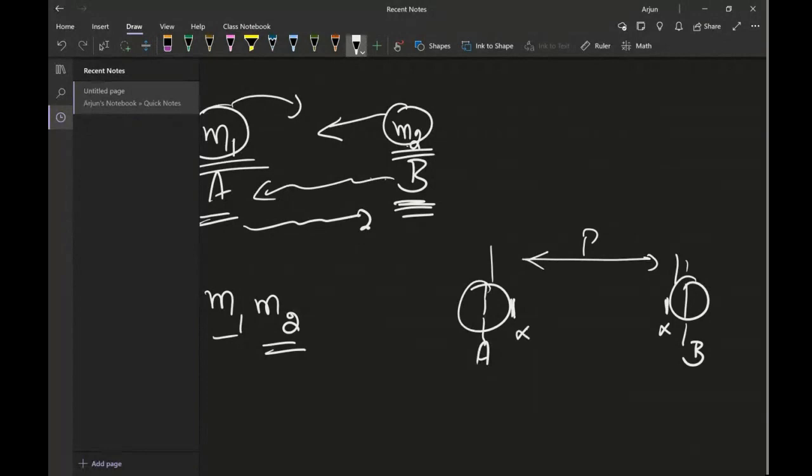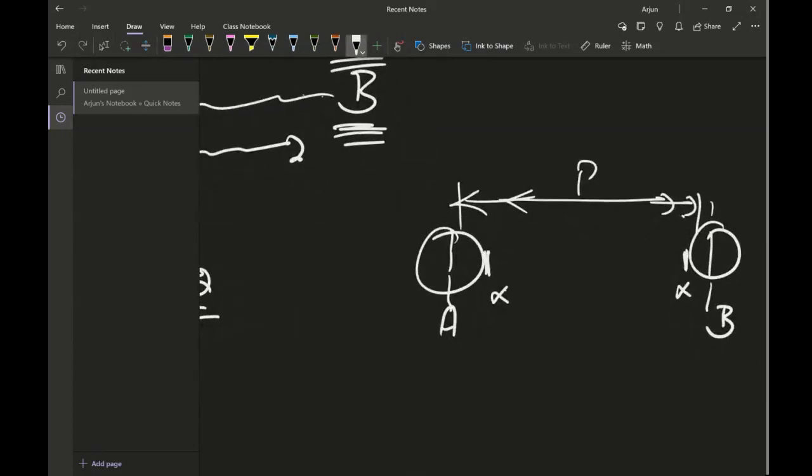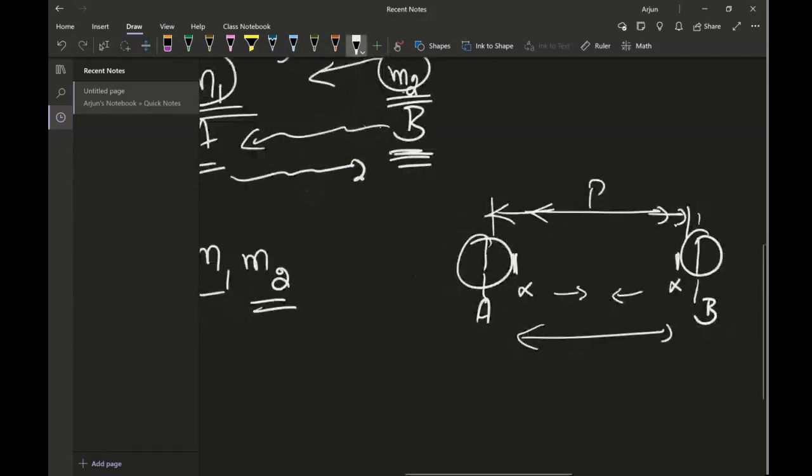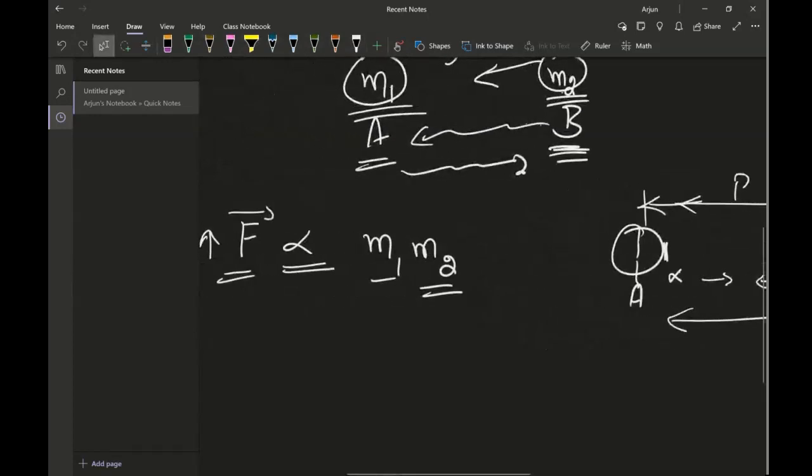If I keep on increasing the distance, then the force of attraction will be less. But if I reduce this distance, meaning the bodies come closer to each other, then the force of attraction will be more. So he said that the force of attraction is inversely proportional to the square of the distance between the two bodies.